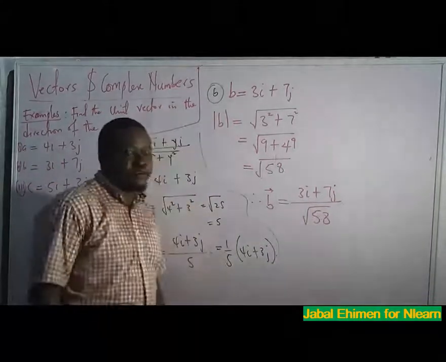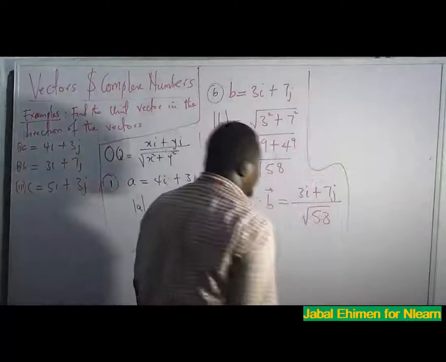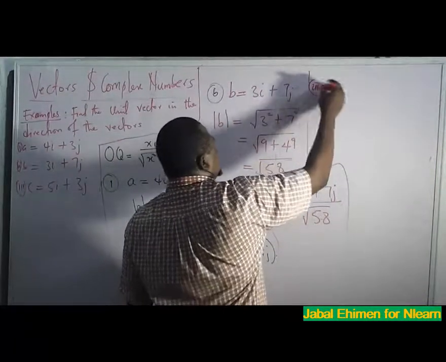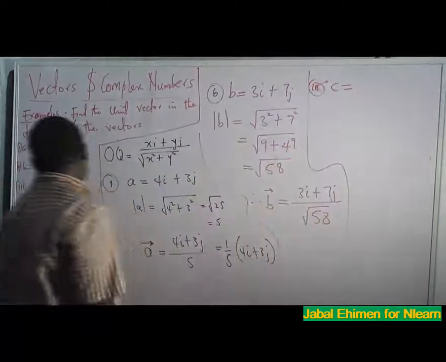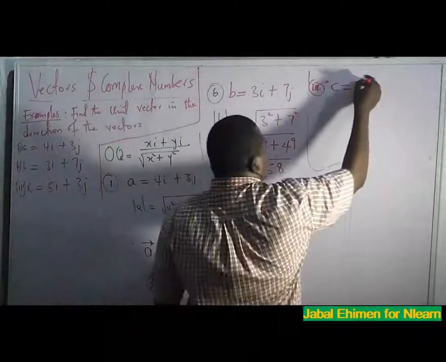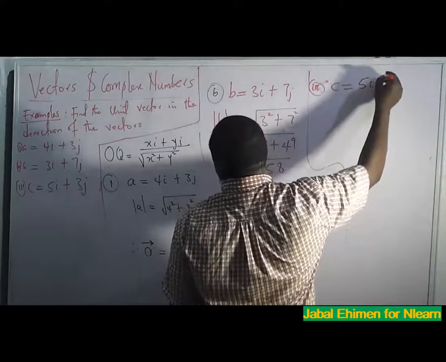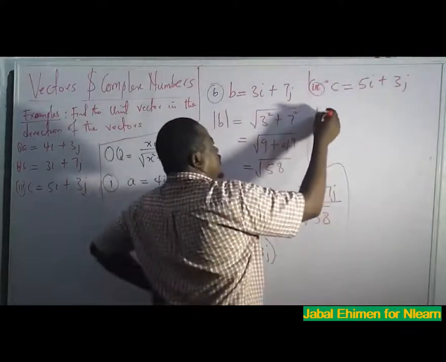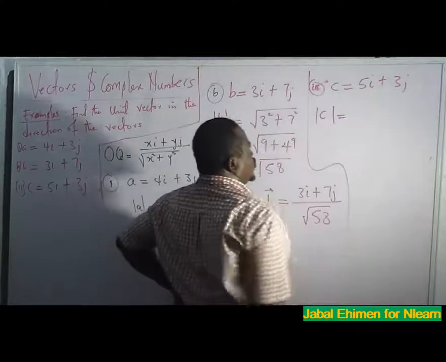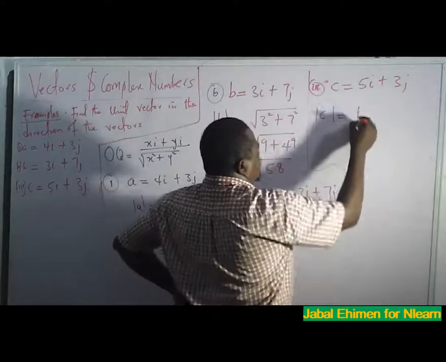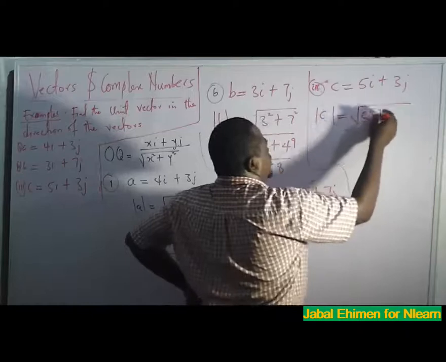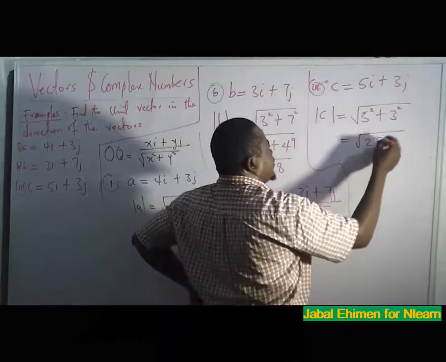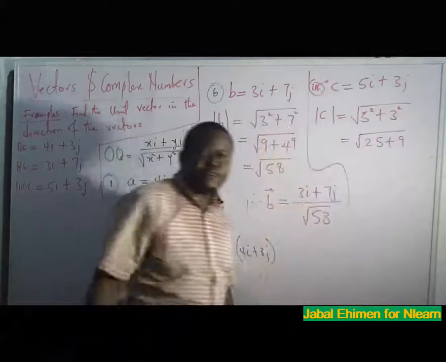That's simple enough. So the last one, but not the least, is C. It's the third question. So C is 5i plus 3j, and the modulus of that will be the square root of 5 squared plus 3 squared, and that is 25 plus 9.